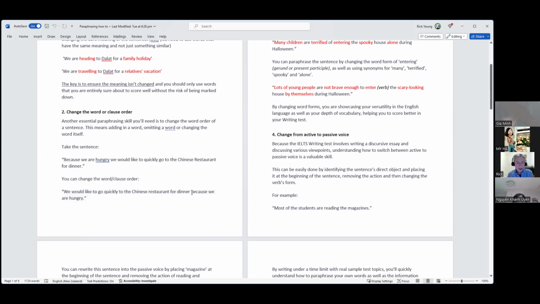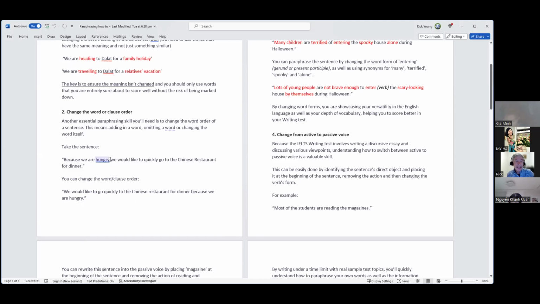Good, thank you. So hopefully you can all see all I have done here is change the order of the clauses. In the second sentence, I have put this clause at the front, and this clause at the end of the sentence.